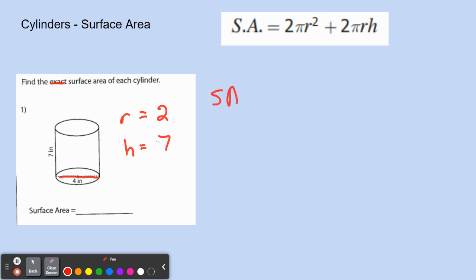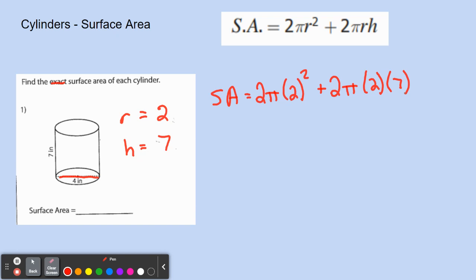So surface area equals 2 times pi times the radius, which is 2 squared, plus 2 times pi times the radius again, which is 2, times the height, which is 7. Once we have that information, which you should write down, always write that down first, we can actually put that right into Desmos.